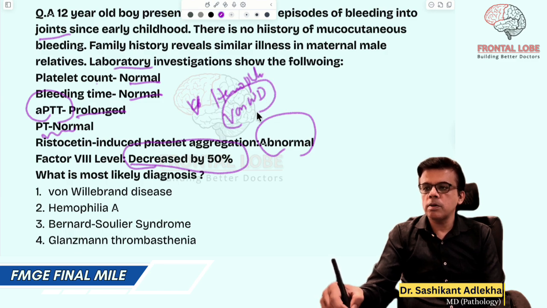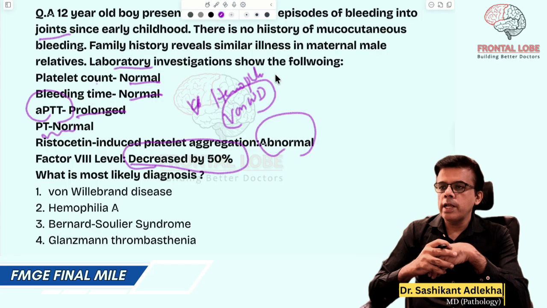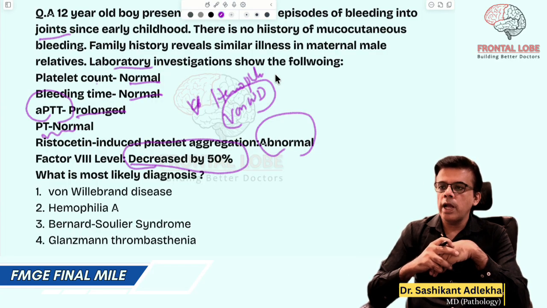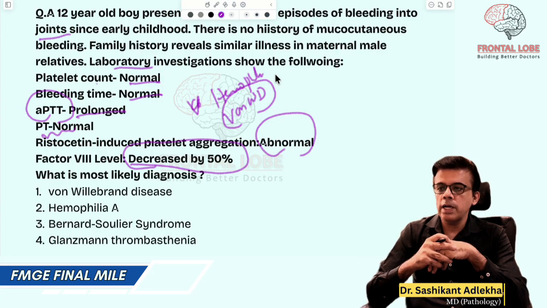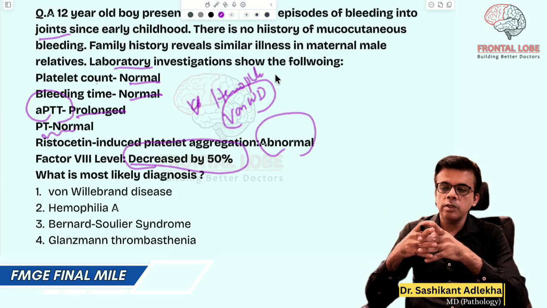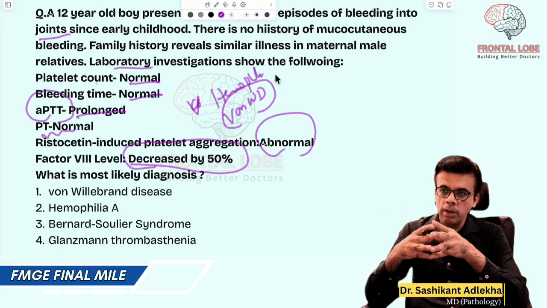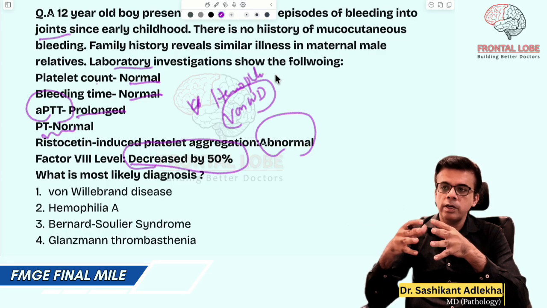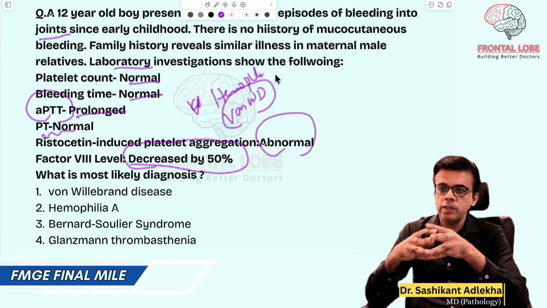Von Willebrand disease can have increased bleeding manifestation, and factor 8 level also may be markedly decreased, because von Willebrand factor carries factor 8 in the plasma. It stabilizes factor 8 and prolongs its lifespan. Factor 8 is a very labile factor. Without von Willebrand factor, it will be quite fragile.